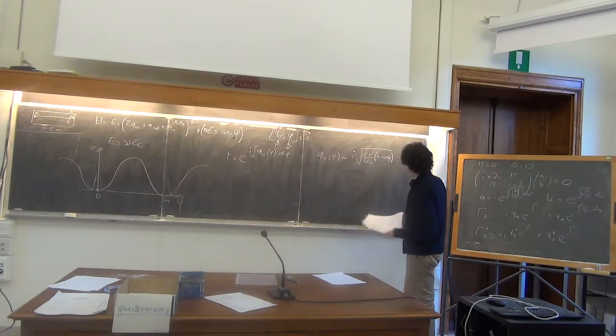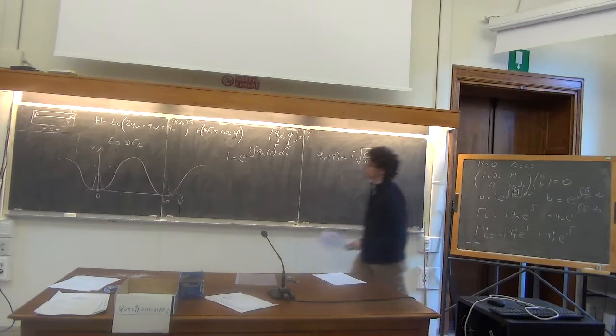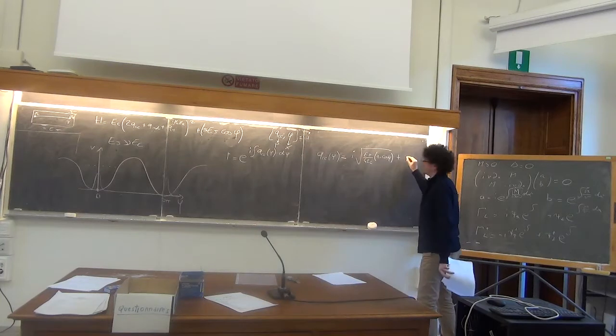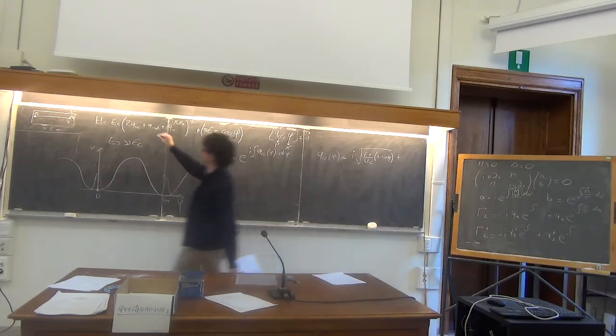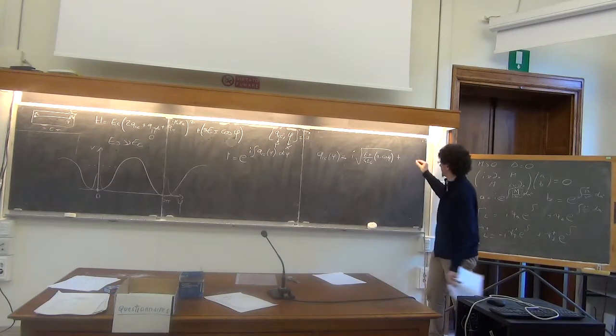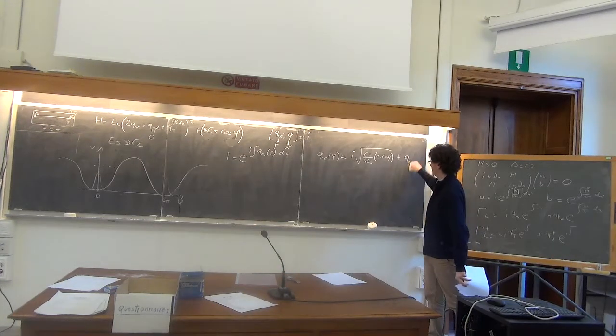And then I will have some term which depends on these two terms. Let us put this equal to 0. I don't care about that. There will appear this theorem.